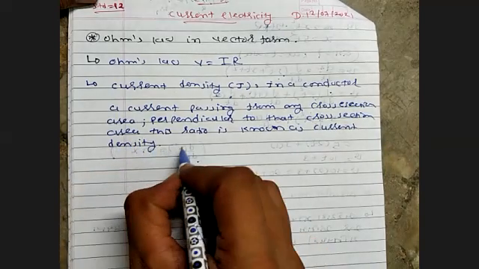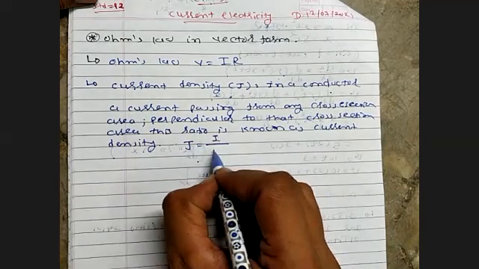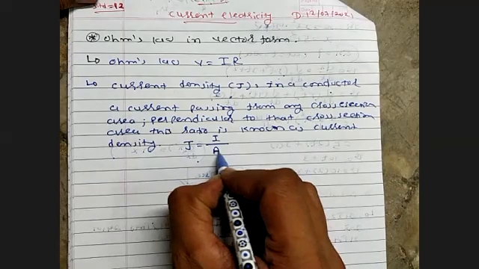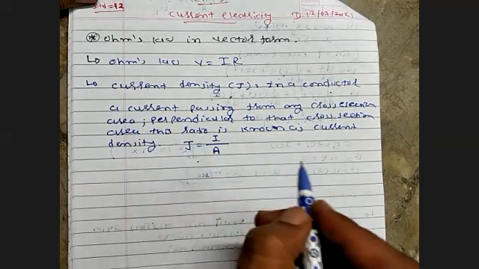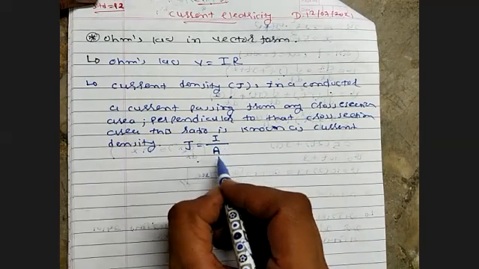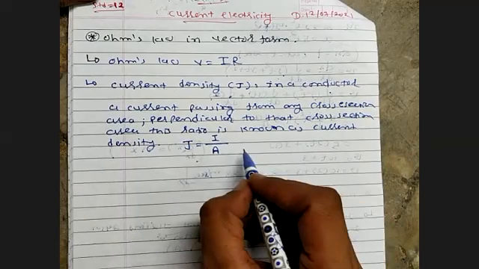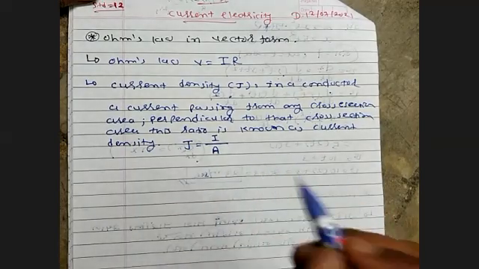So current density J is equal to the current passing per unit cross section area perpendicular to the conductor, per unit area, perpendicular to that cross section area. So J is equal to I upon A.